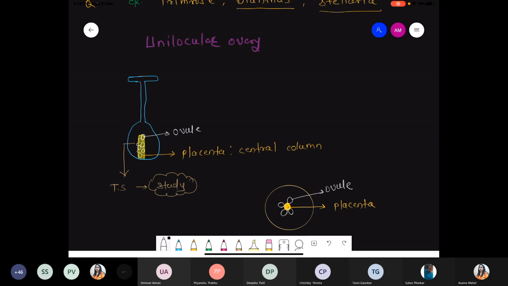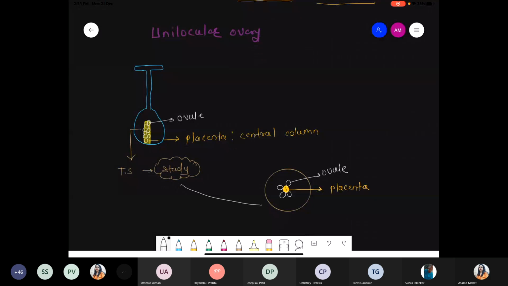Here we are talking about the transverse section of that ovary. What you understand from this point of view is simply the presence of a unilocular ovary. Unilocular means no septa, no wall, no compartment. The entire ovary looks like a single column, like a single chamber.